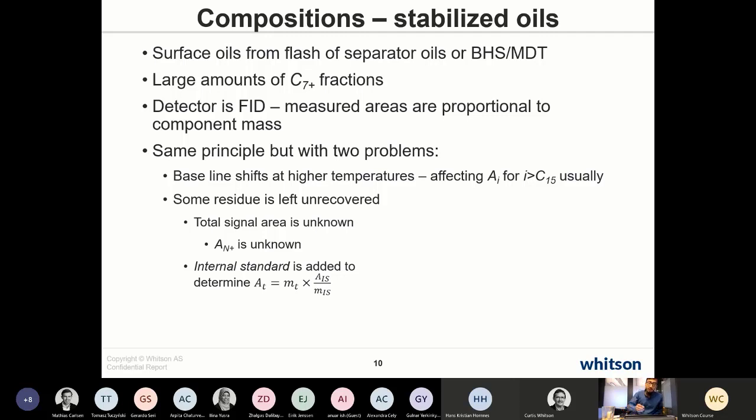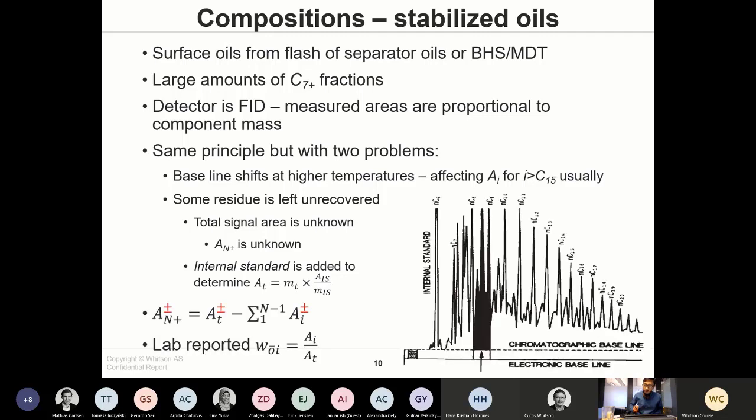One is the baseline shift. Here you can see a figure taken from the SPE monograph, showing a chromatographic baseline, which is the response of the chromatograph when you only flow, for example, the carrier gas.